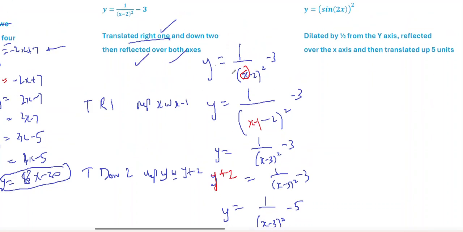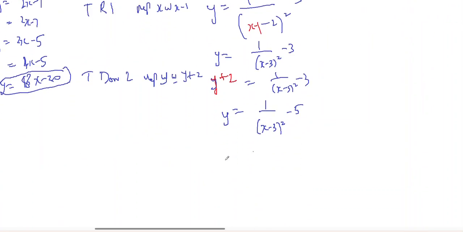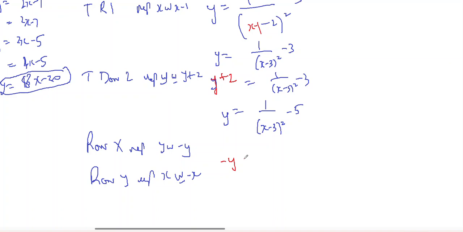And then reflect it over both axes. So reflect it over the x, replace y with negative y. Reflected over the y, replace x with negative x. So I'm going to have negative y equals 1 on top of x minus 3 squared minus 5.